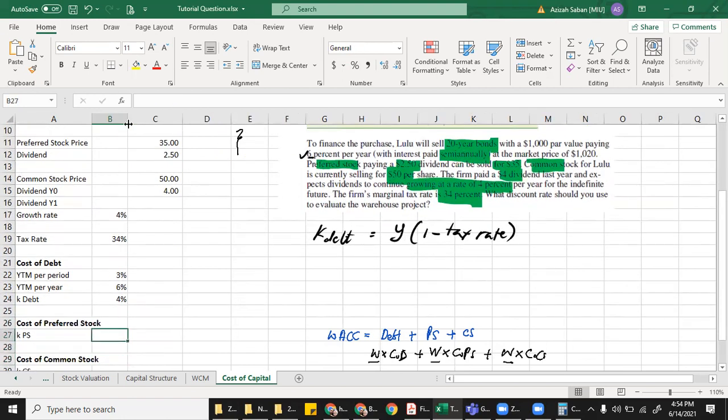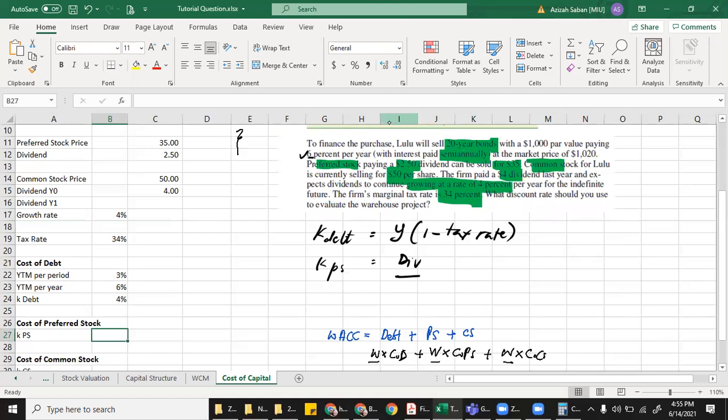Next, let's calculate the cost of preferred stock. Preferred stock given here: $35 is the price, 2.5 is the dividend. If you remember, the cost of preferred stock is simply the dividend. It doesn't matter which dividend, time 1, 2, 3, 4, 0, because it's the same amount. The characteristic of preferred stock is the dividend is always the same amount.